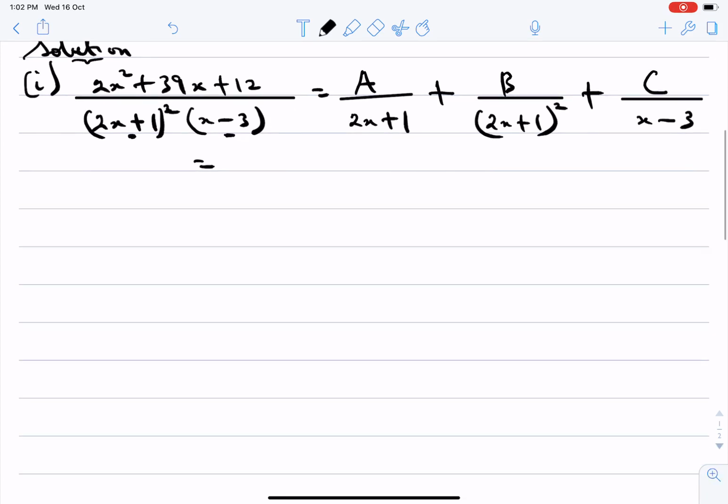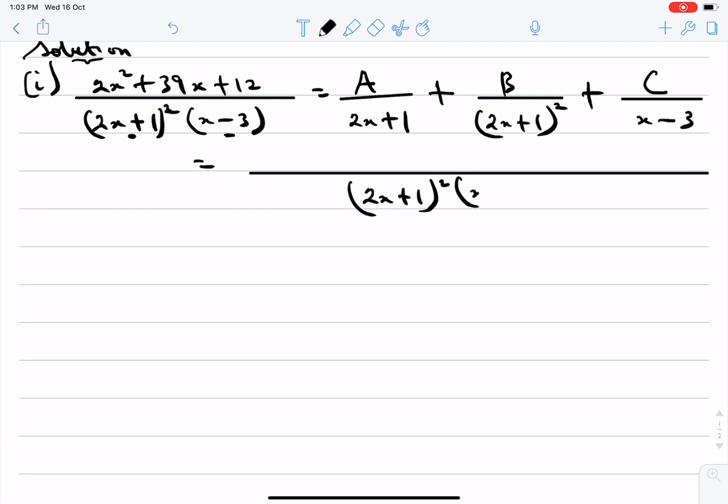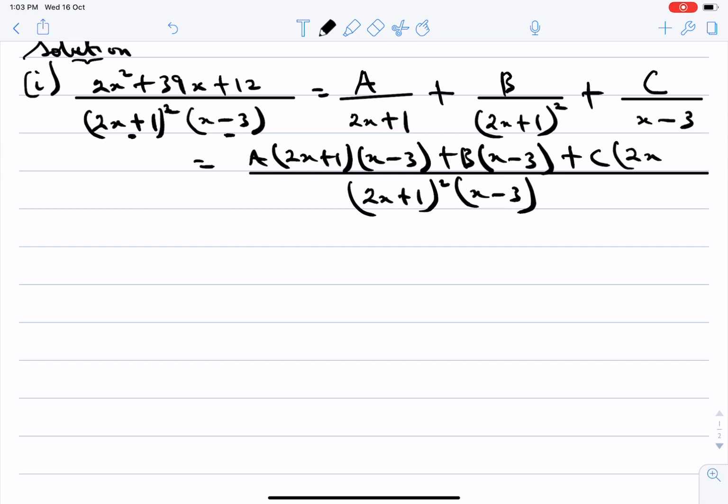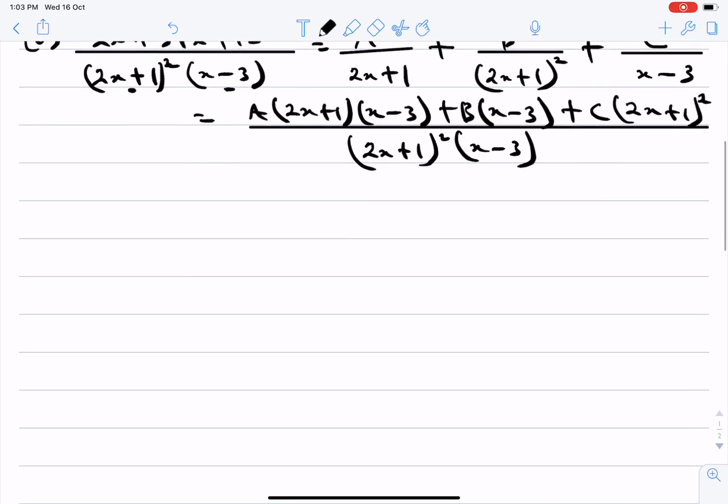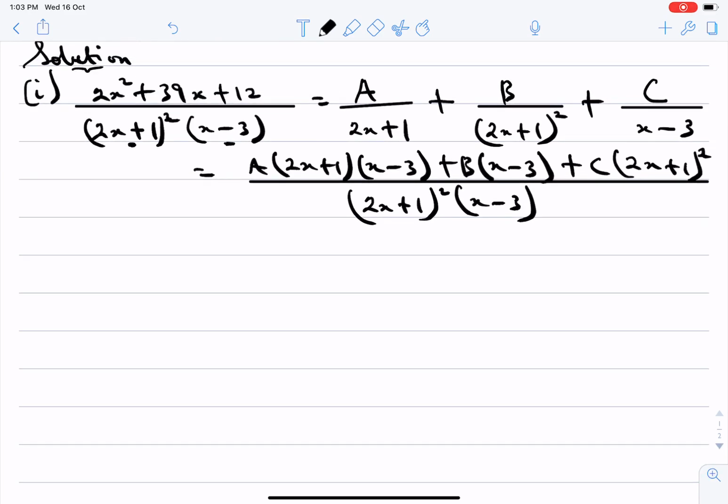Now we continue the process. The LCM of the denominators is 2x plus 1 squared times x minus 3, and that's a times 2x plus 1 times x minus 3, plus b times x minus 3, plus c times 2x plus 1 squared. Now the denominators are the same, which means the numerators are equivalent.